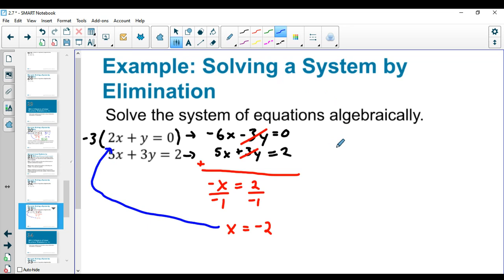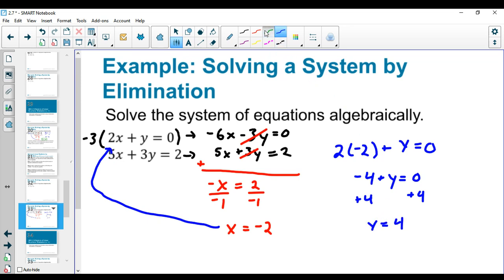So then we get 2 times x, which we just said was -2, plus y, which we don't know, equals 0. 2 times -2 is -4. To get rid of a -4, we just add 4. And then our solution, again, is a point, the ordered pair, x value first, and y value.